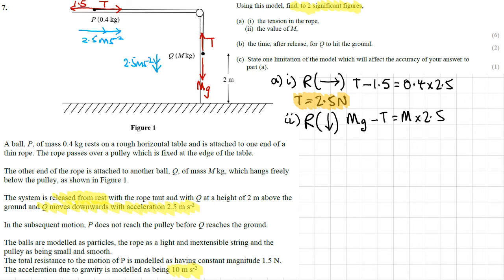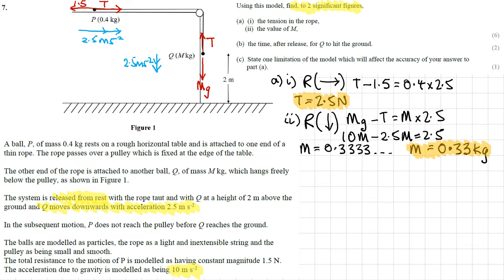Now remembering that we use g as 10, so 10M, and then if I minus 2.5M, just rearrange it, is equal to T. Now T is 2.5. So I'll have 7.5M equals 2.5. So M will equal 2.5 divided by 7.5, which is a third, which is 0.333, and so on. We need to give our answer to two significant figures because the value of g has been rounded to one significant figure. So 0.33, and that's kg.